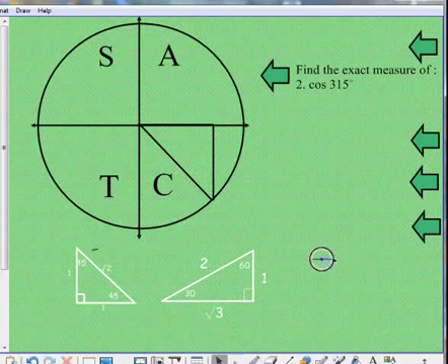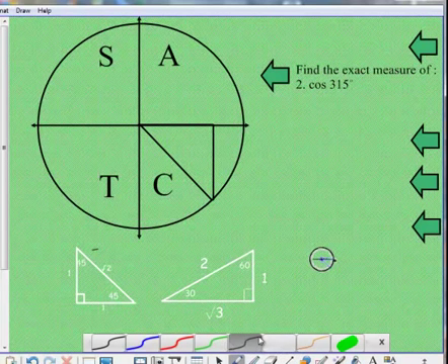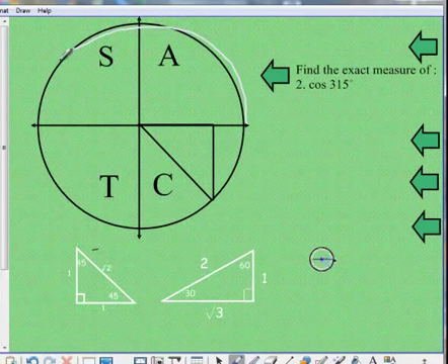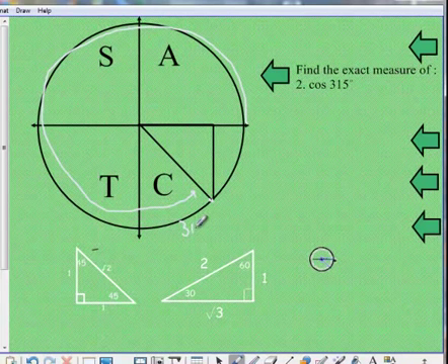Well, let's just do some advanced math. I know that I traveled all the way around, and that was ending right here, was 315 degrees. This is my angle. I've got to figure out how big this angle is.